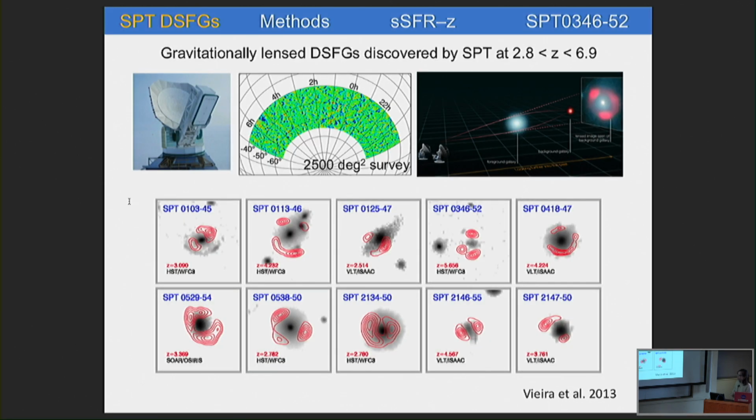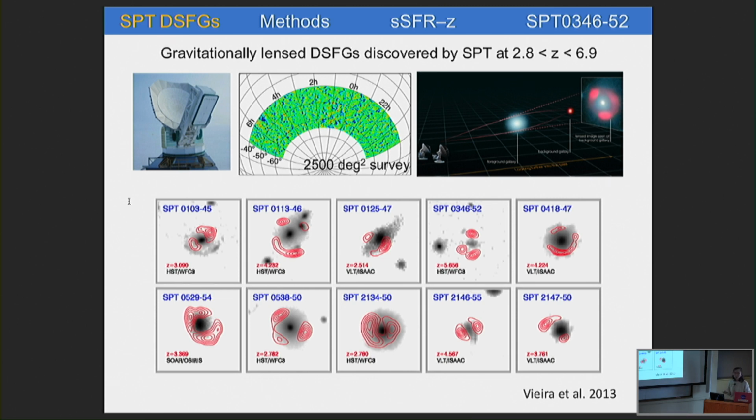All right. During my PhD, I mostly worked on gravitationally lensed DSFGs discovered by the South Pole Telescope. The background SMG is magnified and distorted by the foreground lensing galaxy, and you can see the red ALMA contours show the lensing arcs and multiple images, and the grayscale images show the foreground lensing galaxy.